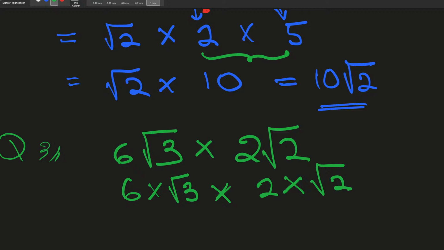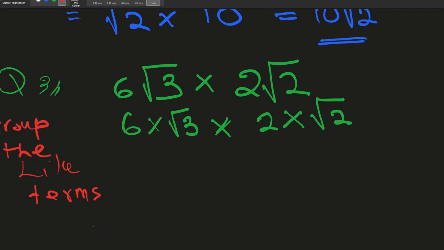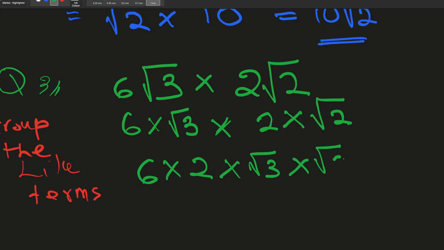What do we do? We have to group the like terms, as we saw the other day. So when we group the like terms, our expression will be 6 multiplying 2, and root 3 multiplying root 2.